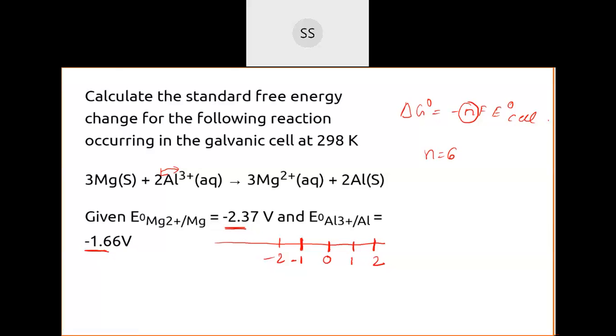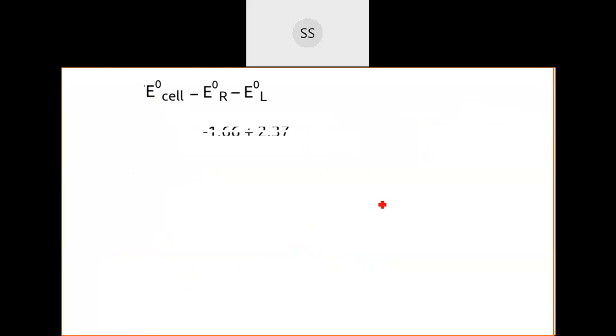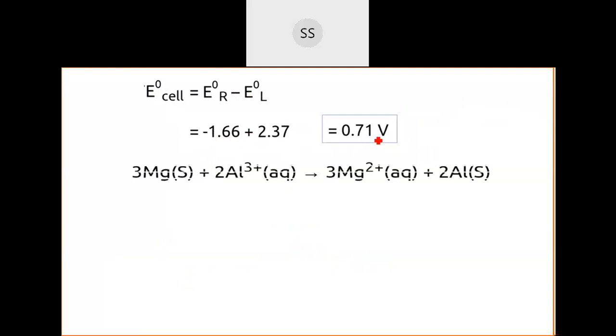In the negative cases, smaller values are bigger. So when you calculate, minus and minus become plus, and the final answer is 0.71. Very good.